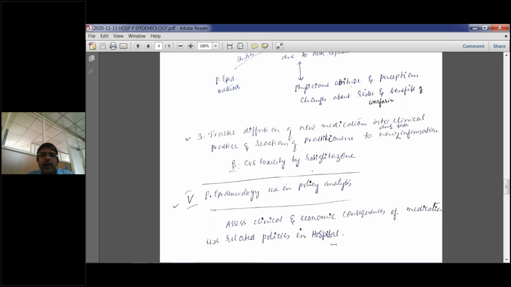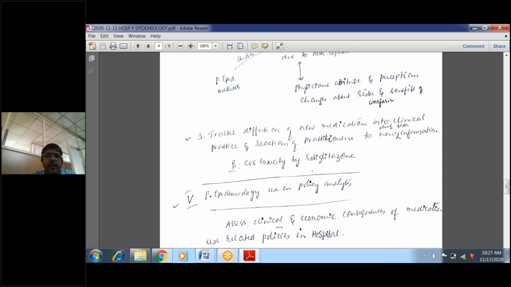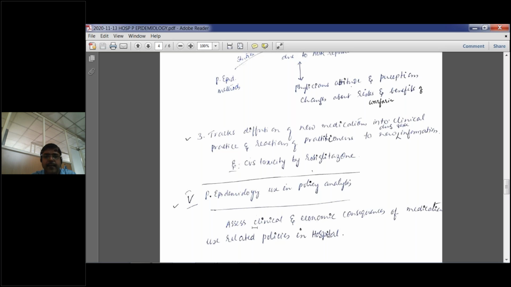And pharmacoepidemiology helps to assess the clinical consequences as well as economic consequences or results after the medication use. Clinical consequences such as effectiveness of the drug and adverse effects produced by the drug. This is on the clinical side.